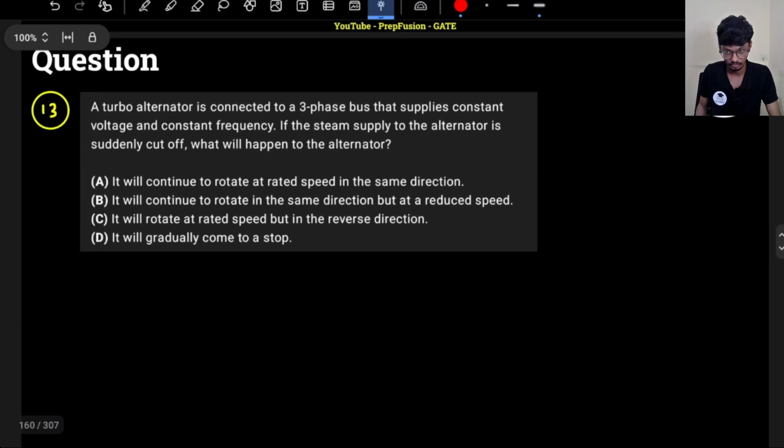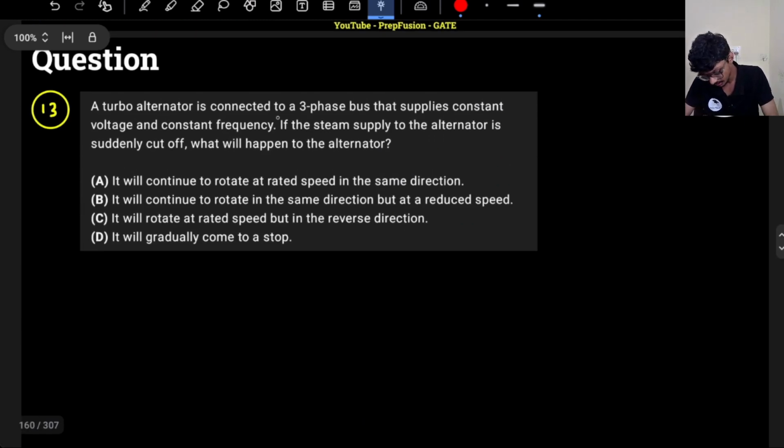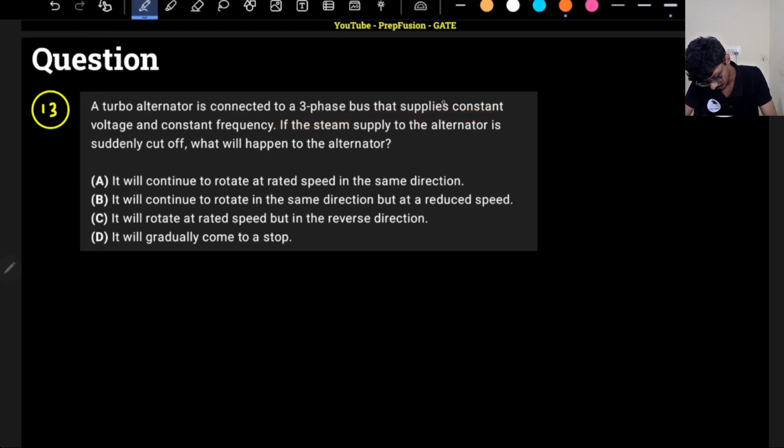So let's solve this question. A turbo alternator is connected to a three-phase bus that supplies constant voltage.